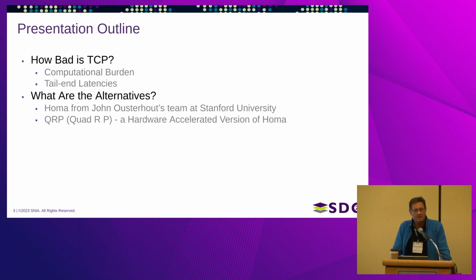And the other thing that interests us is how good is a real-time network, a TSN network, if on top of that you run a protocol such as TCP, which can have huge tail-end latencies, okay? And that's why we reached out and looked at who's working on alternatives, and we bumped into John Ousterhout at Stanford University and his invention, so to say, the Homa protocol.